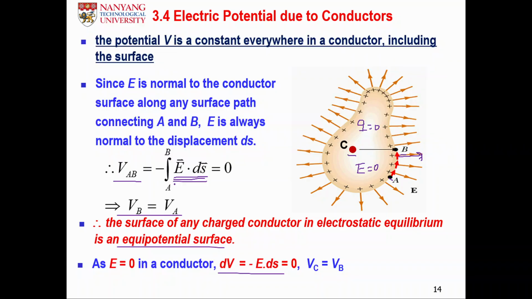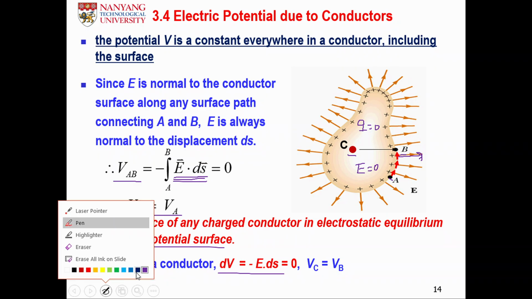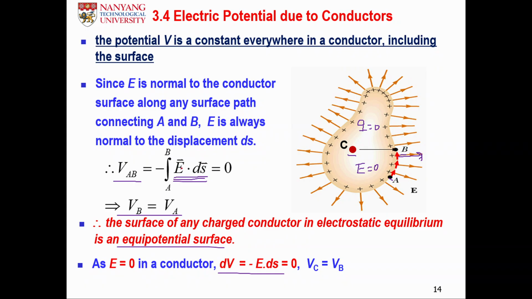Similarly, do the integration from C to B. What's the result? The integration of E dS from C to B. C is inside, B is on the surface. Let's say along this way. It should be how much?